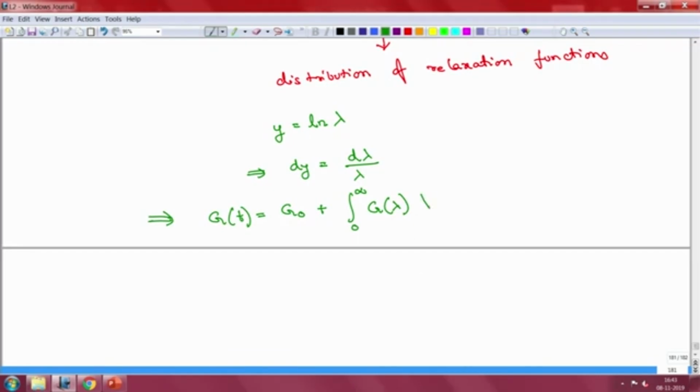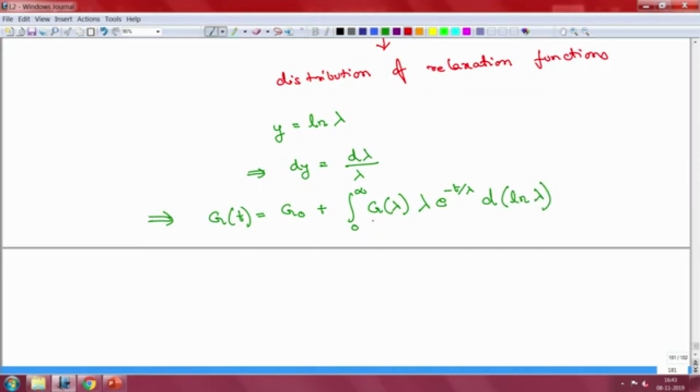So, I will just transform the variable here. This is dy, or instead of dy you can just write d log of lambda, either way it is the same thing.